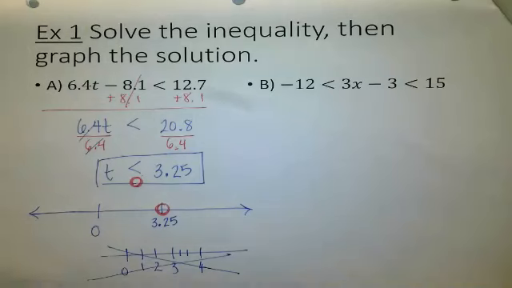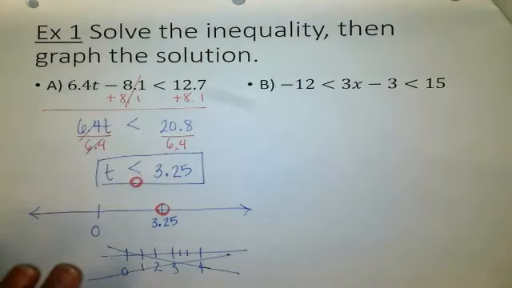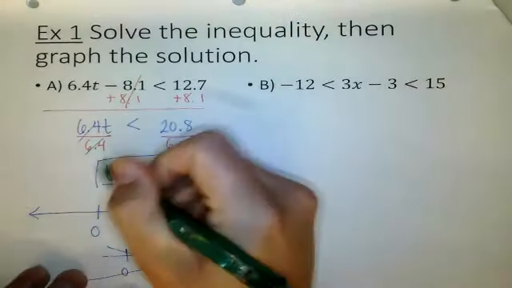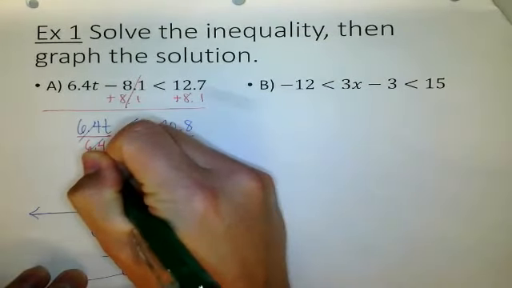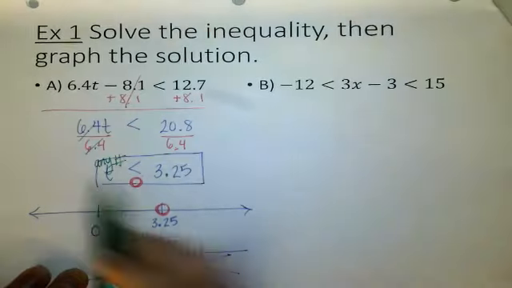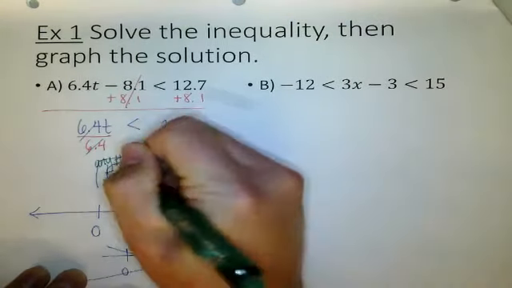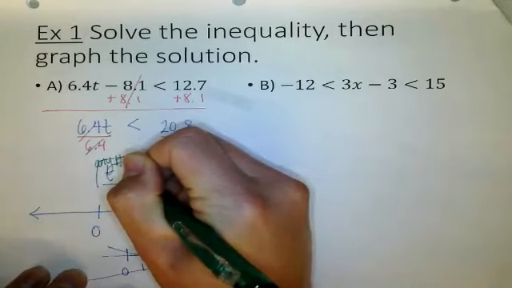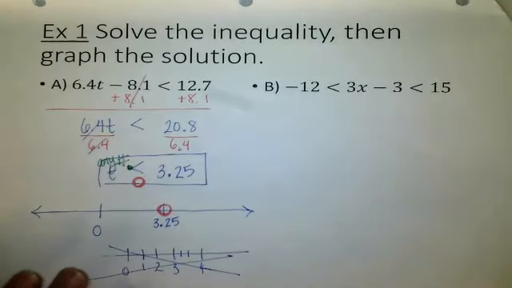Okay, now, when we are graphing inequalities, it's important that you learn how to read an inequality, which a lot of teachers do not teach you how to do. I don't like just saying t. t represents any number. So I'm going to say any number, and closest to my any number is this pointy, small side of my inequality.